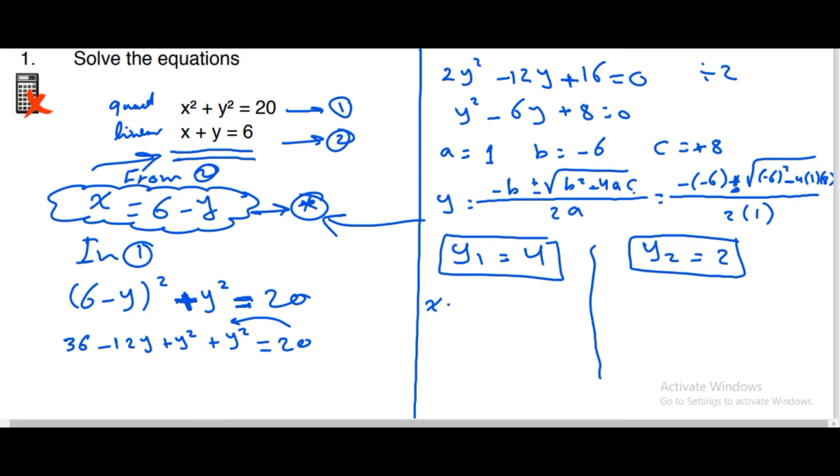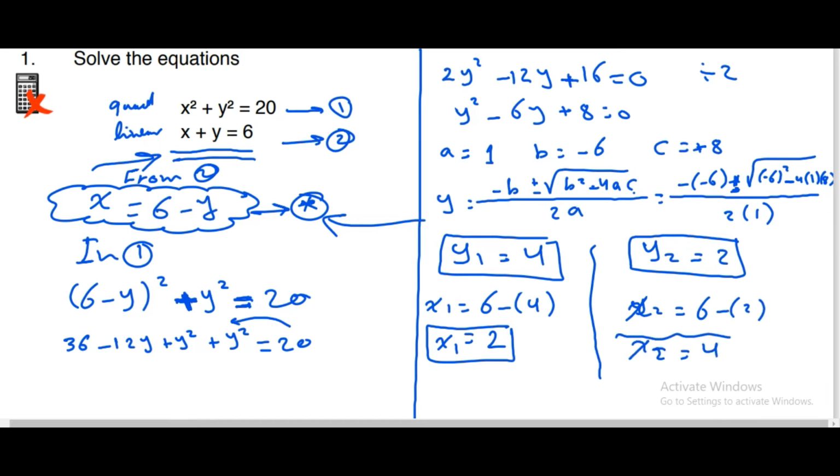So x1 will be 6 minus the value of y1, equal 2. This is x1. x2 = 6 - 2, so x2 = 4. So we have two solutions, either 2 and 4 as ordered pairs x and y, or 4 and 2. And this is the final answer.